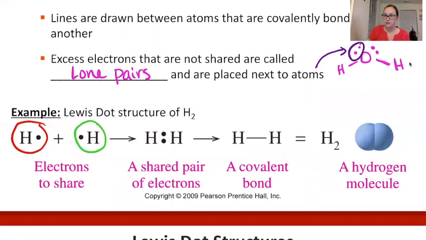Then, in order to show the covalent bond, this 1 electron from the green hydrogen and 1 electron from the red hydrogen are going to be shared in a covalent bond. That bond is then represented by this line here. And this would be your overall Lewis dot structure for H2.